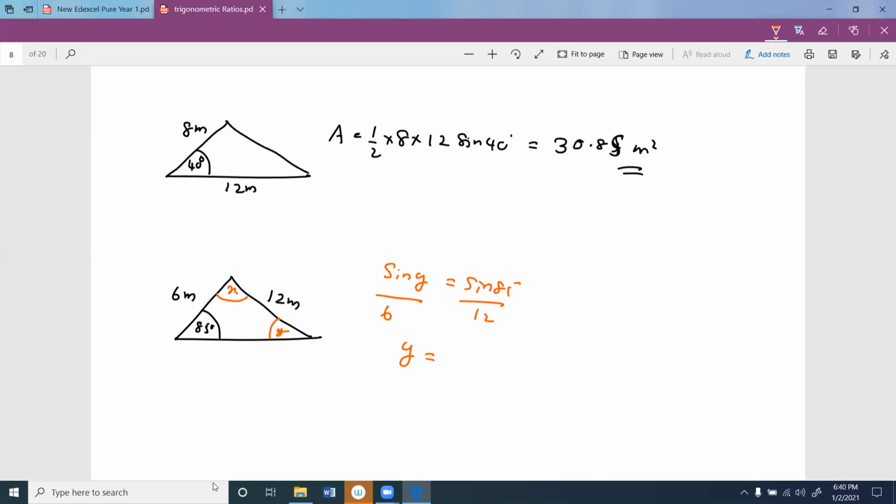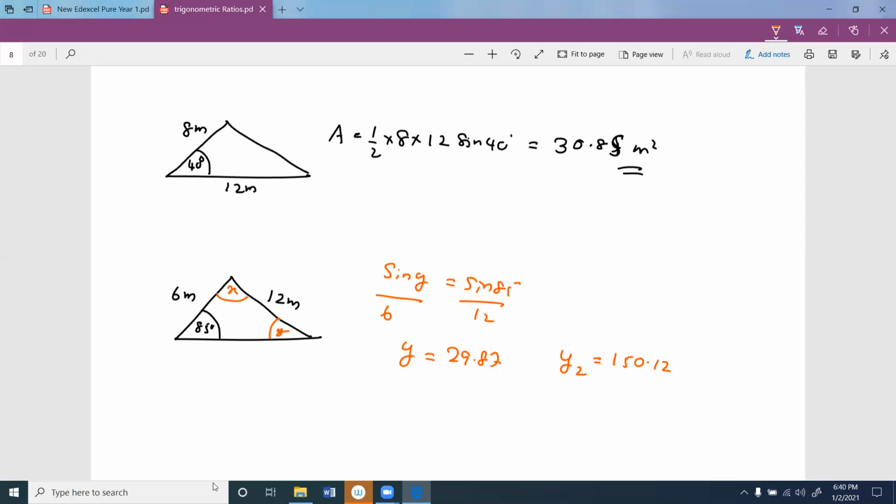Same technique: sine 85 into 6 divided by 12, the sine inverse of this answer. That works out to 29.87. 29.87 plus 85 is also correct, it's not a problem. For the second answer, we check whether 180 minus the answer, that is 150.12, works.